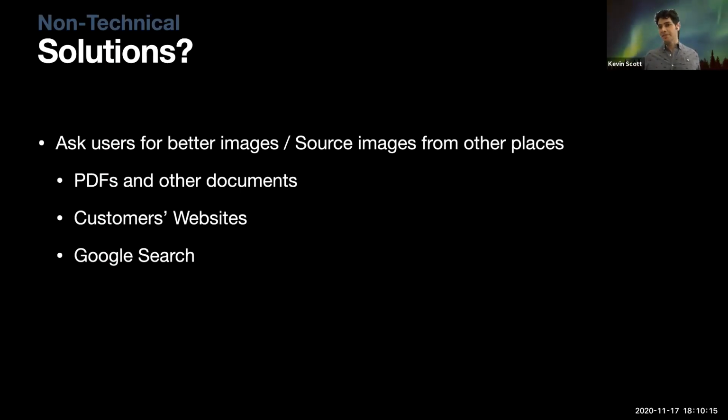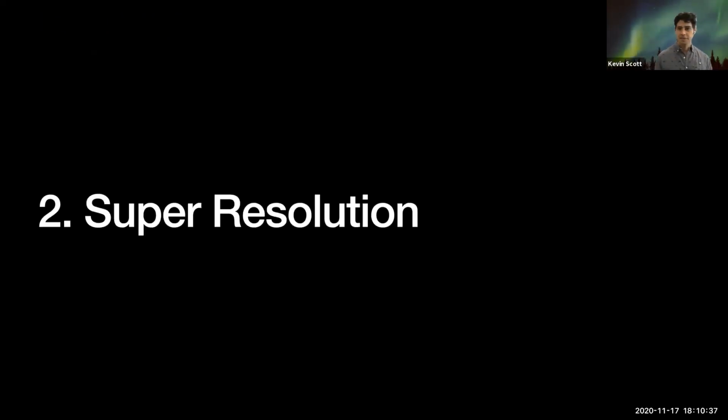If you can do this, obviously this is probably the easiest solution to the problem. It kind of makes the problem go away. But a lot of the time, this is not possible. Either the images that they have are all they've got, maybe they're older images and they don't have access to the originals, or for whatever reason they don't have high quality imagery. So another solution is super resolution, which is the topic of this presentation.